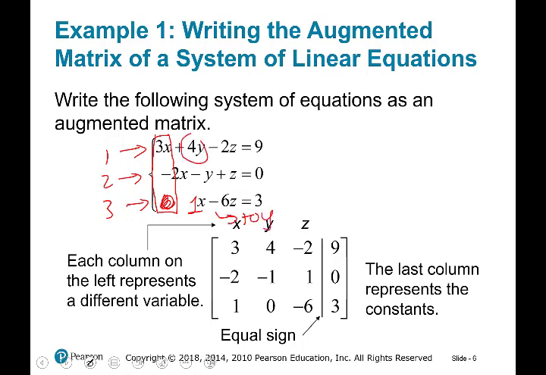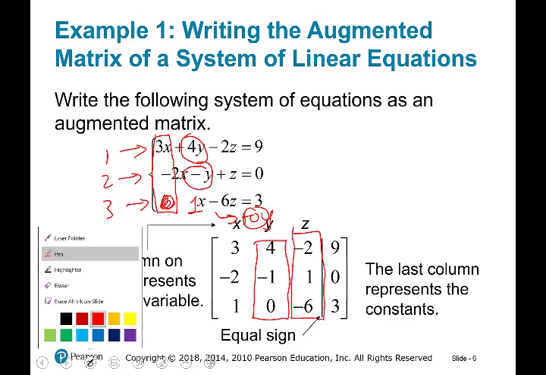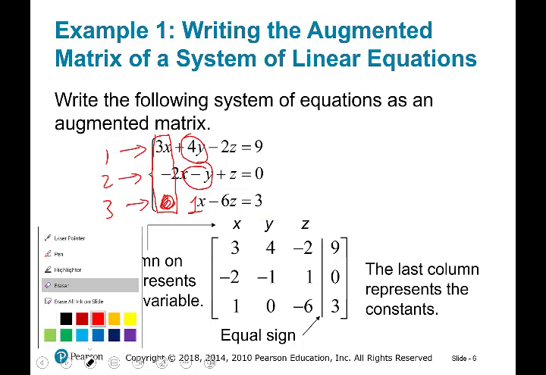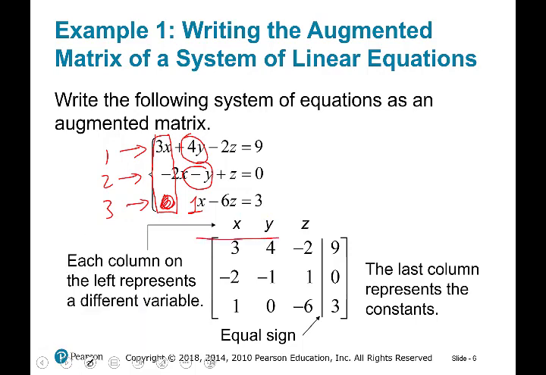So this is 4, minus 1, and 0. You can see here 4, minus 1, and 0. That's for the y. And for the z, we have minus 2, 1, and minus 6. So again, the augmented matrix form for the system of equalities is here. This bar is basically the separation between the left and right sides.